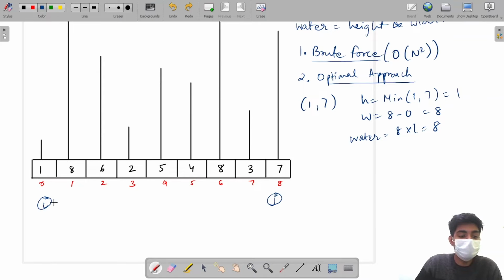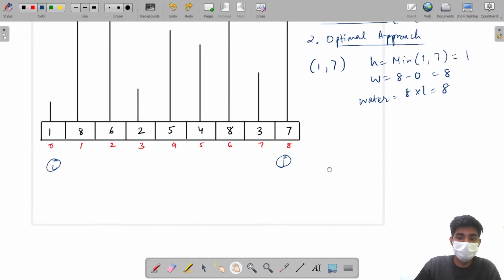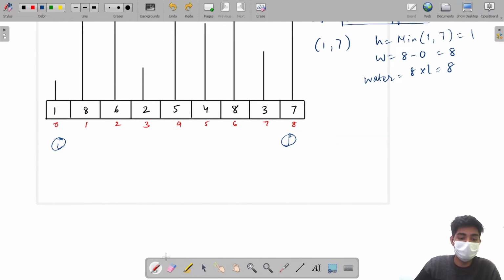So I need to either increase my i or decrease my j to get the right answer, right? I need to choose two heights. So now let's see what will happen if I increase my i. Okay, let's say I have i and I increase it. I'm at 1 comma 7, right?